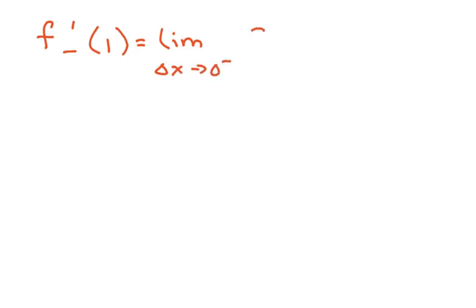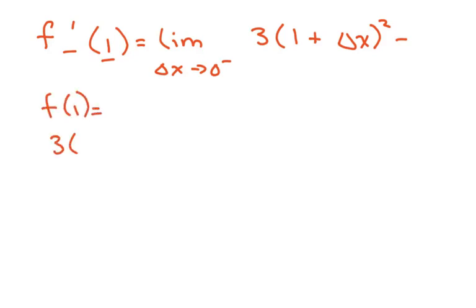And we're going to use 3 times 1 plus delta x squared minus f of 1. So f of 1 equals 3 times 1 squared, so that's just going to be minus 3 all over delta x.